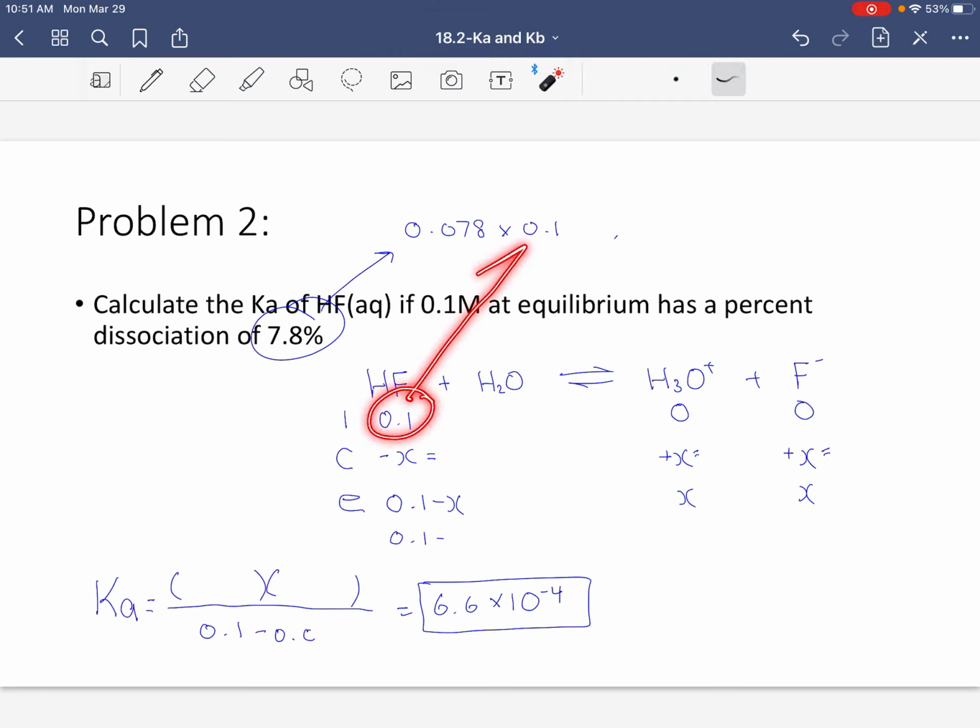You have to multiply it by 0.1 because this percentage right here is not just a change. Oh my goodness, this is not just a change. This is the change respective to the original concentration. No wonder the number looks weird. That is x.